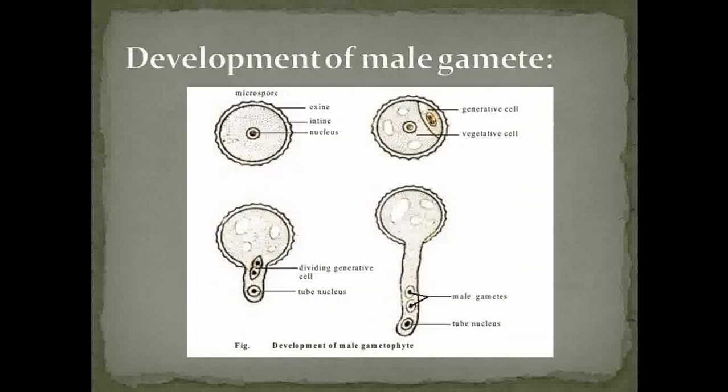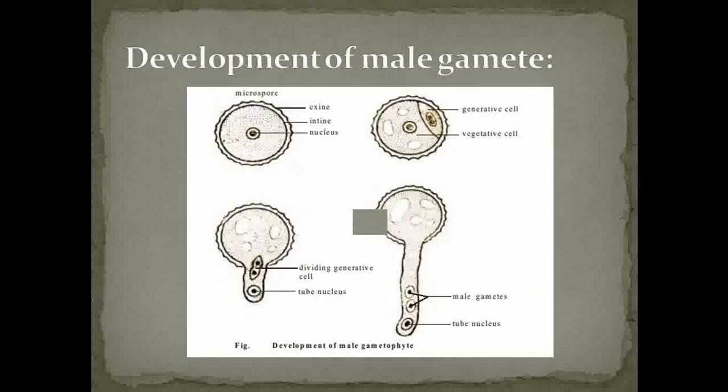Next we see the development process of the male gamete. This liberated pollen grain, which shows the presence of exine and intine, undergoes transverse division to form two cells. The upper cell is called the vegetative cell, and the lower cell is called the generative cell.